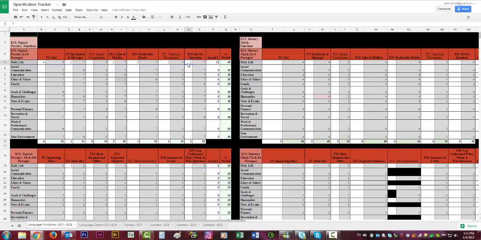And number two, when we are creating the objectives in the learning management system, we can tag these objectives, or these functions in other words, to the items that are meant to assess those functions. And then at the end of the course or a series of courses, we can see how well one student is doing with regards to, for instance, F29 yes/no questions.